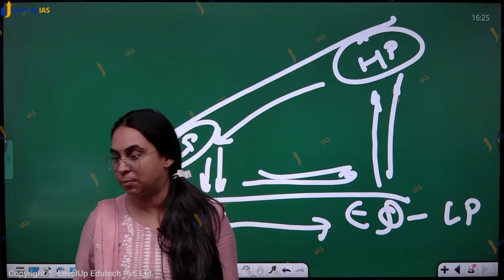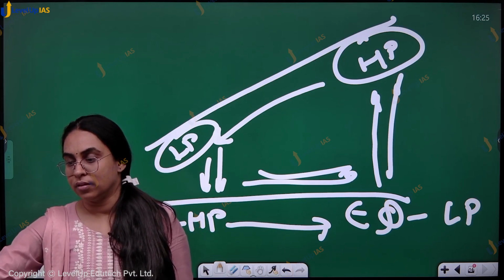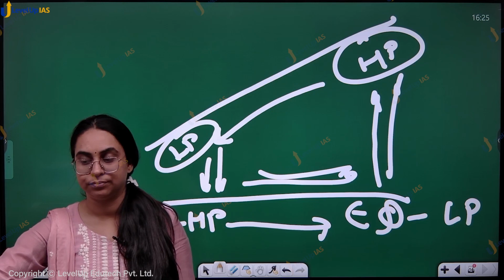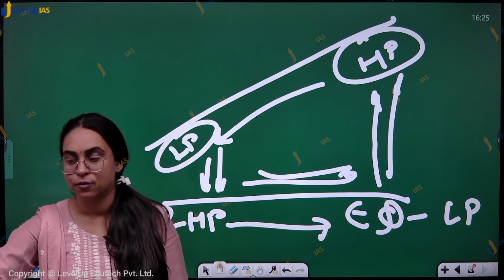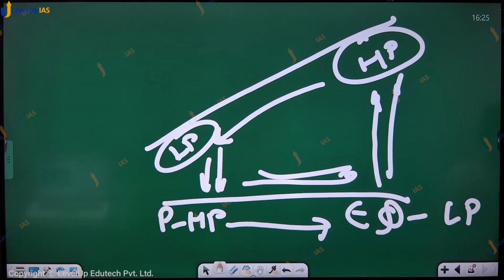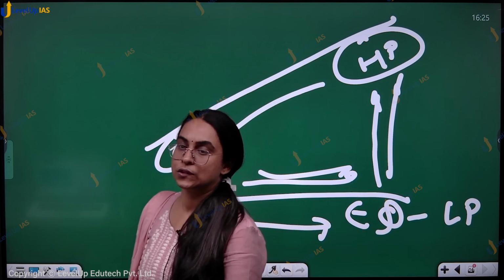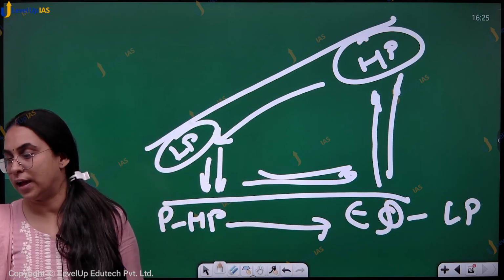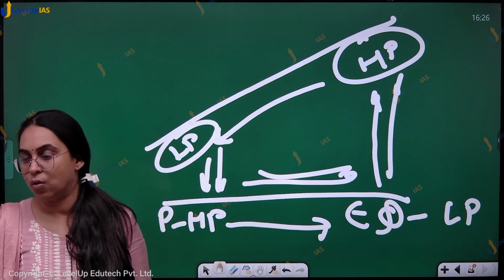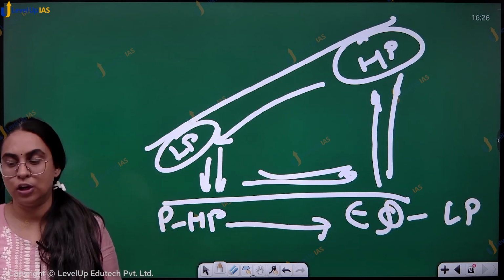So all the jet planes, aeroplanes fly in the tropopause, or in the lower stratosphere.